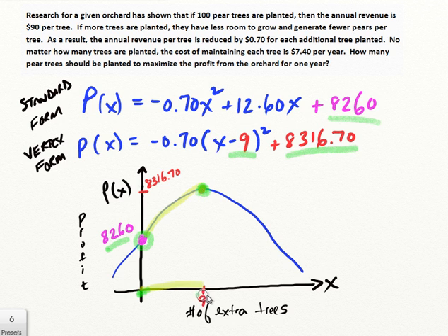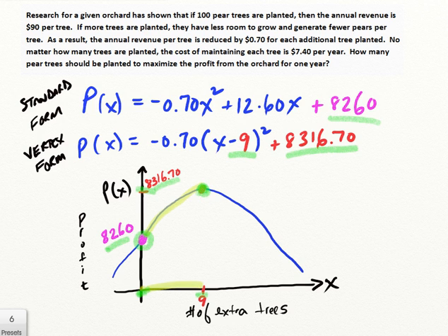Because when we hit 9, we also hit the maximum of 8316.70. Okay, so graphically, these two equations tell the story. We originally started out with $8,260 in profit, and then we ended up with $8,316.70 in profit, and that's because we were able to move from the y-intercept up to the maximum.